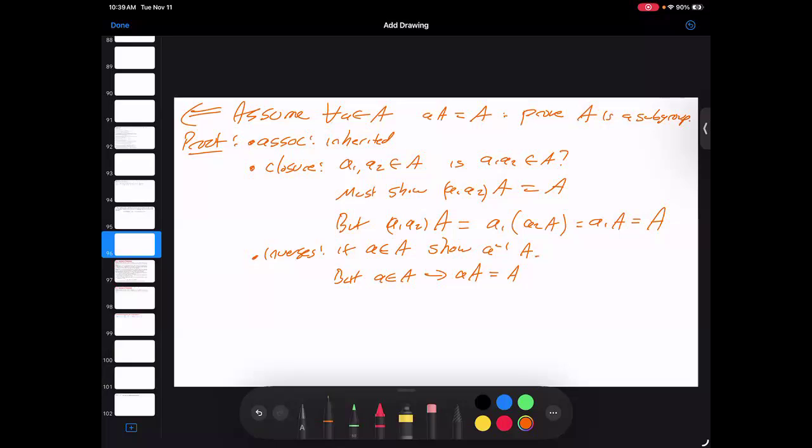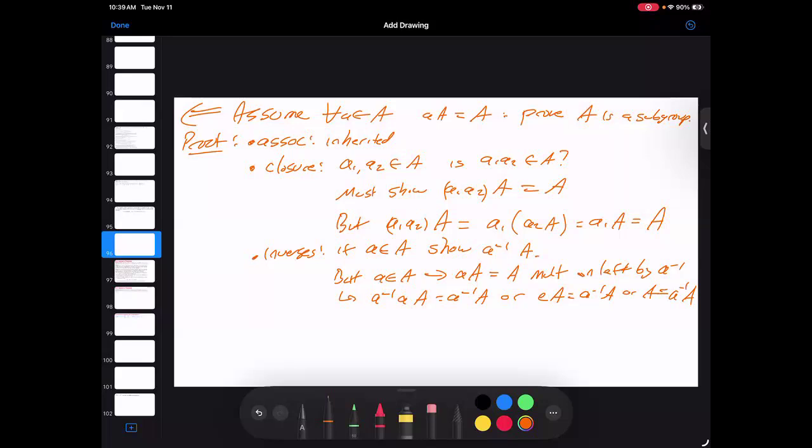What should we do to both sides? Left multiply by a inverse. So multiply on the left by a inverse, and we get a inverse a big A equals a inverse big A, or the identity big A equals a inverse big A, or big A equals a inverse big A. And we now have inverses.